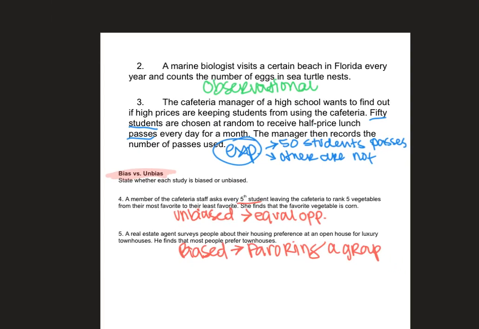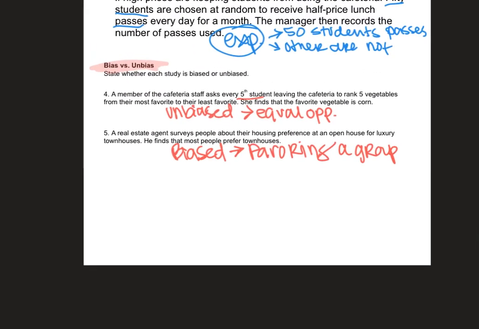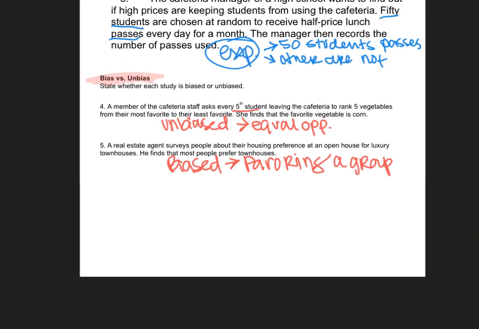Okay, so the 3 types of different things that we went over today, write down what you're going to see on your test, okay? So I will say what to look for. I will say choose whether this question is biased or unbiased. And then I'll give you another question that says, choose whether this statement is experimental or observational.